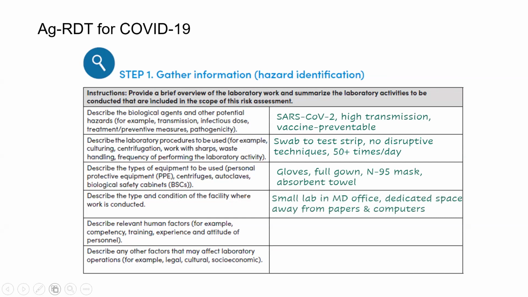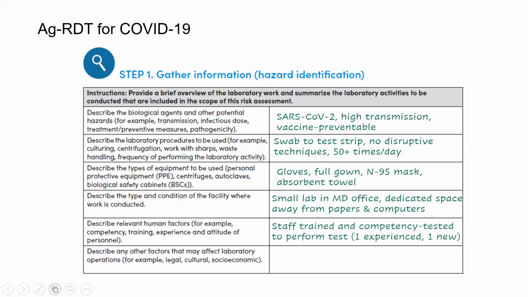And then the type and condition of the facility. It's a small lab in an MD office, or a doctor's office, with dedicated space. It's not near any type of equipment or paperwork where people would actually handle them with bare hands. So that's good. And then human factors: their staff is trained and competent.